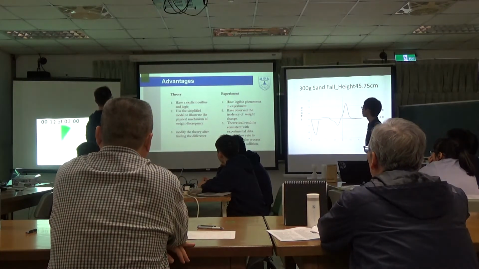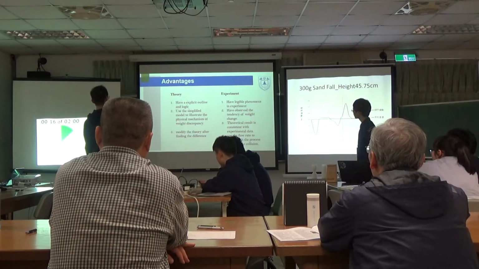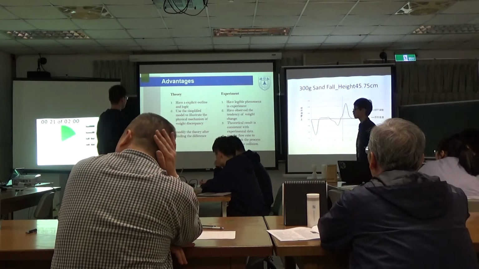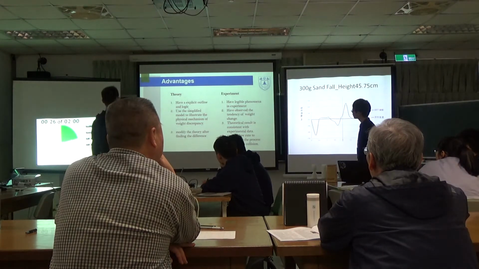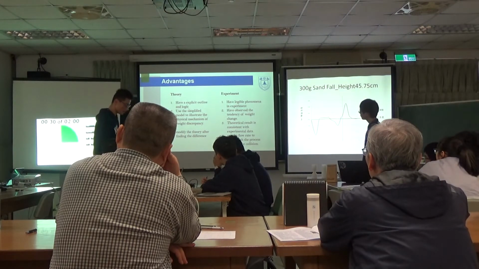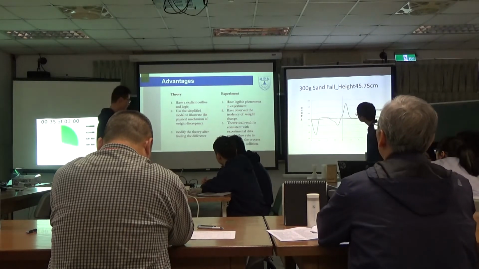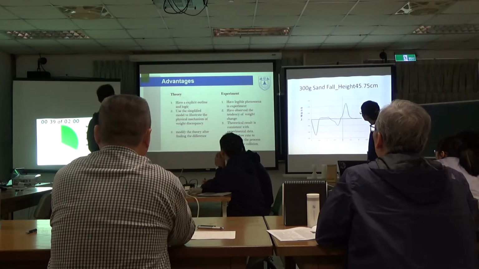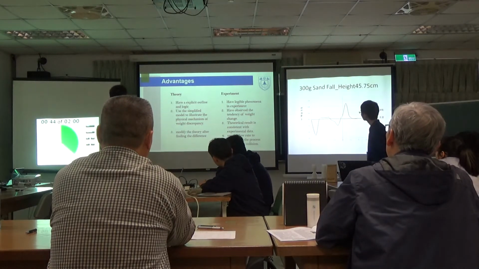First, I want to say the advantages. The theory has an explicit outline and logic, and they use a simplified model to illustrate the physics mechanism, and they modify the theory after finding the difference. In the experiment, they have visual phenomena and observe the tendency of weight change.